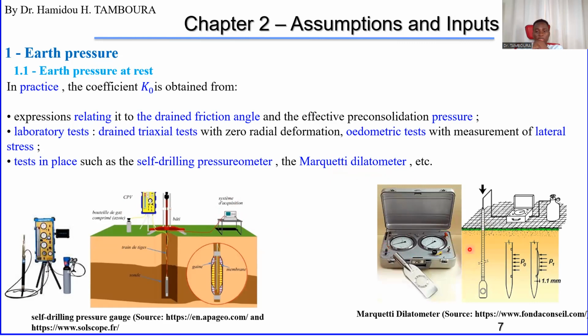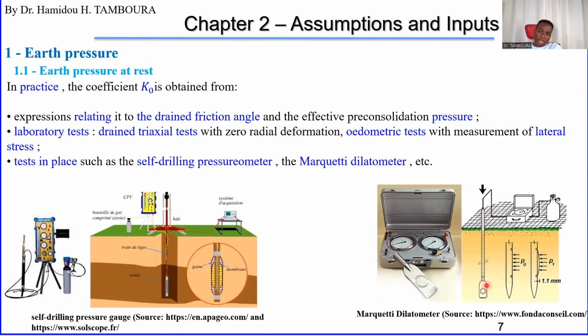I think this one is an Italian invention and is according to European norms. You insert this in the ground just by hammering it. It is like a blade, and you insert the blade in the ground.